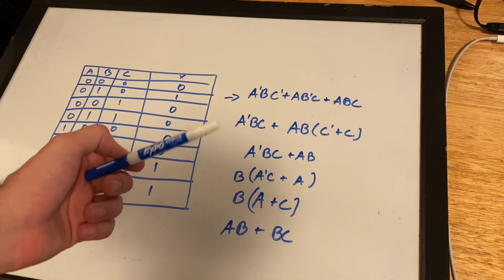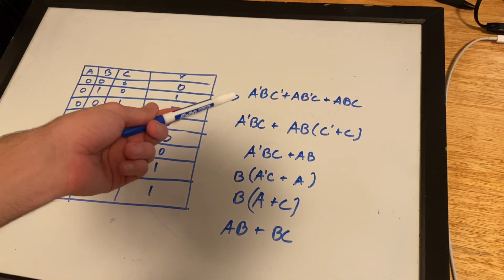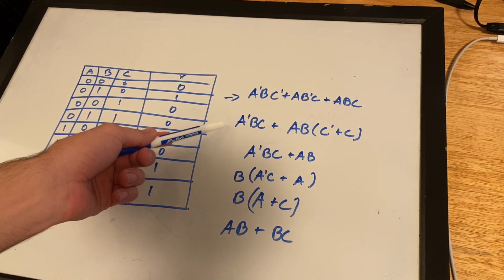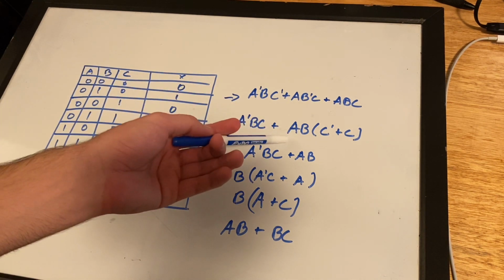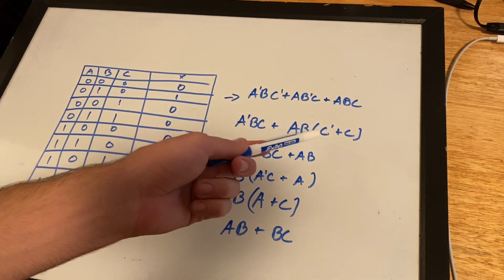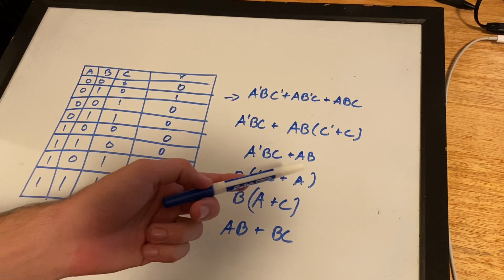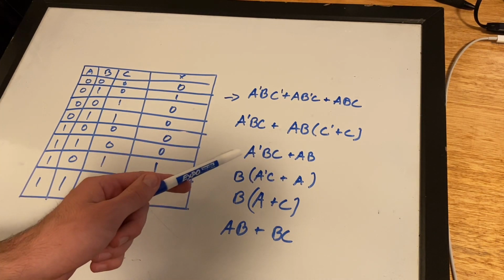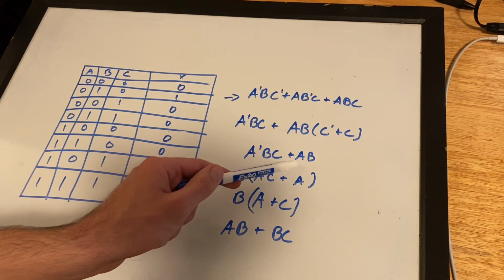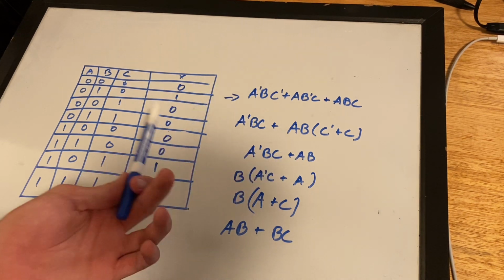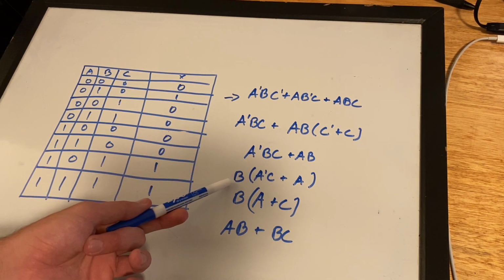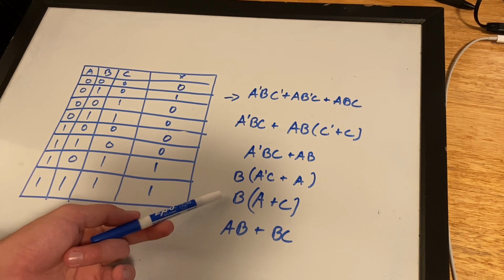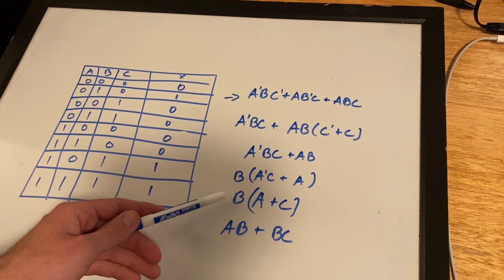Okay, so coming back, we basically simplified our equation right here. We grouped together A, B, we factored that out from both, and then we eliminated not C and C using rule number 6, and then we reduced it right here. AB times 1 is just AB. Then we factored out B. We actually used rule number 10 right here, or my apologies, rule number 11.